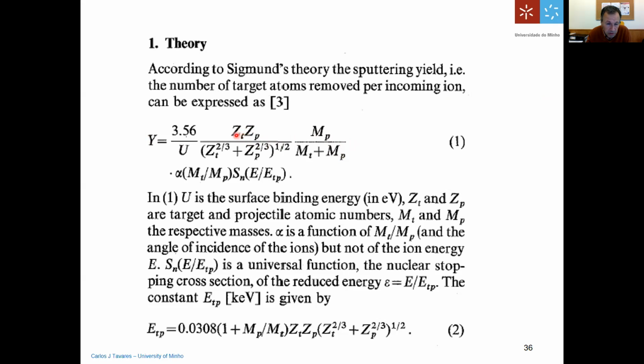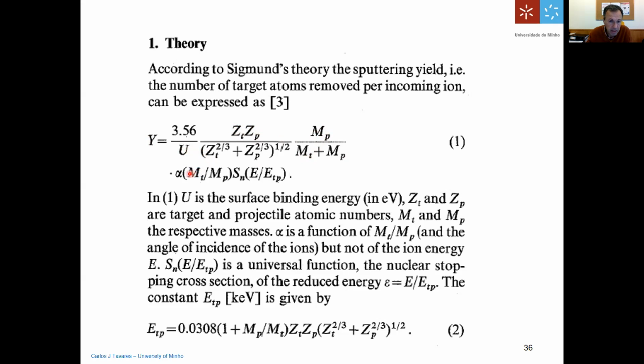ZT is the atomic number of the material of the target, and ZP is the atomic number of the projectile, for example argon. Imagine this is the previous example of the nickel target. So ZT is the atomic number for nickel, and ZP for argon. And the same for the masses of the argon and the masses of the elements of the target, which in this case is nickel. And U is the binding energy of the nickel atoms in the target.